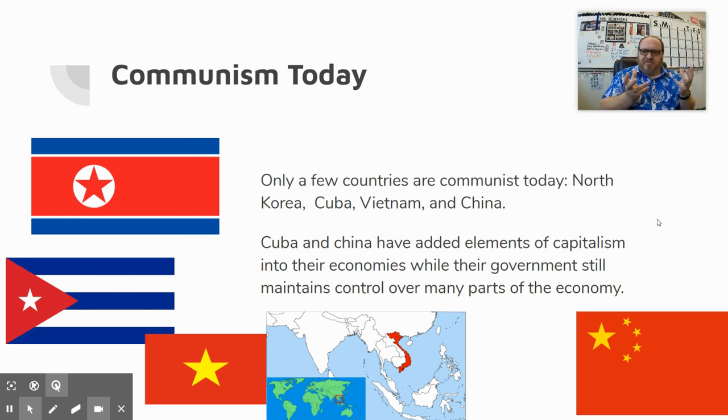Still authoritarian governments, but they've added a little bit of freedom and property ownership into their economies. Government, though, still maintains control over major parts of the economy, and that's how they are today. Okay, so here's where we have the economic systems and how they're involved in government, or how government is involved in economic systems. Okay, going from free market to communism, increasing with government involvement more and more as we go.